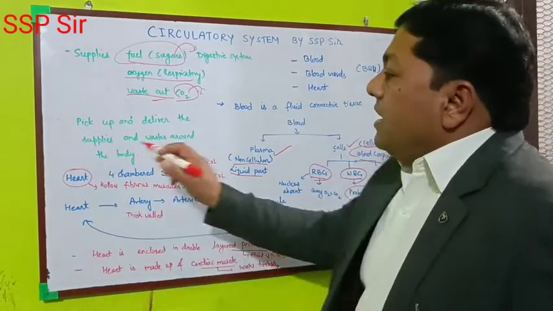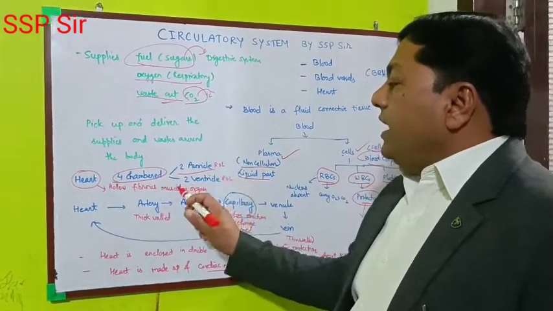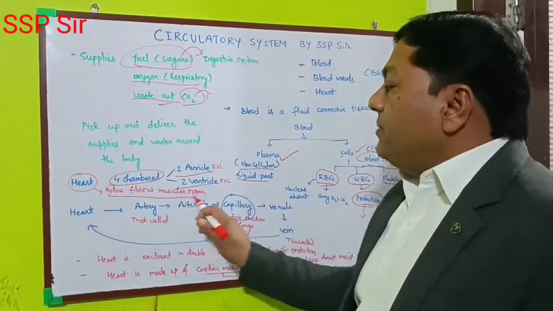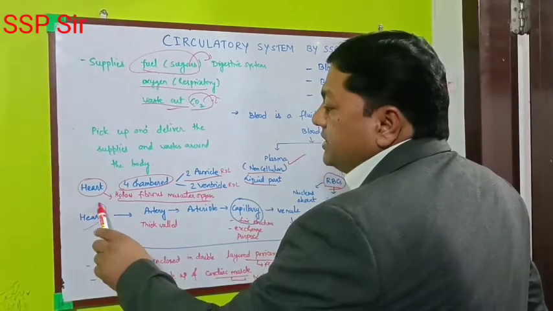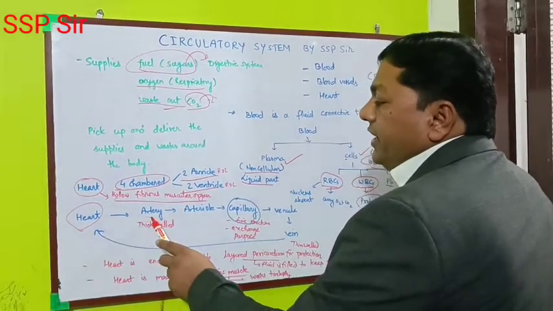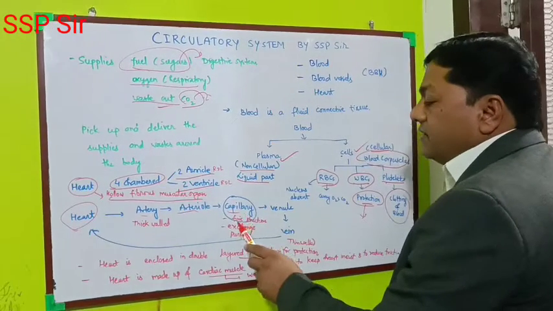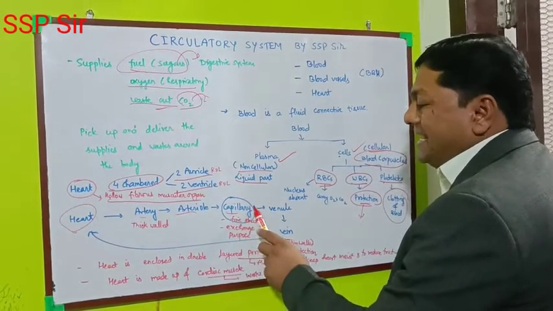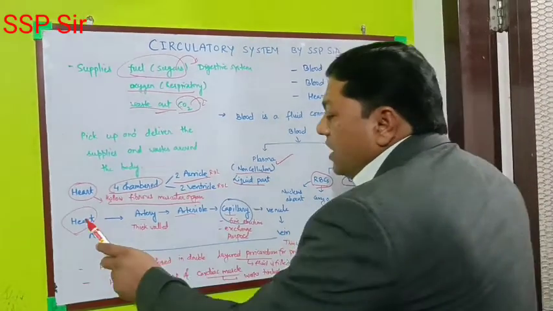Now you see the heart. It is four chambered, containing two auricles and two ventricles. It is a hollow fibrous muscular organ. The heart is the pumping station, and from the heart the blood goes into the artery, then arteriole, then capillary, and there the exchange process takes place, and from capillary to venules, vein, and again the blood reaches the heart.